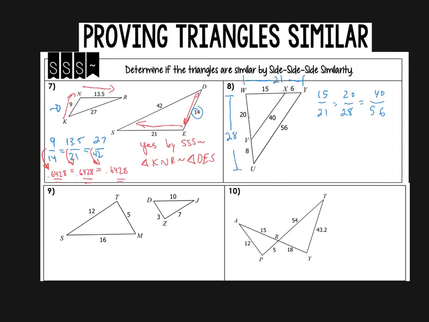So we take 15 and divide it by 21 and we get 0.714. I compare that to 20 divided by 28, and that's 0.714. And 40 divided by 56 is also 0.714. So it looks like this is a yes by side-side-side similarity.